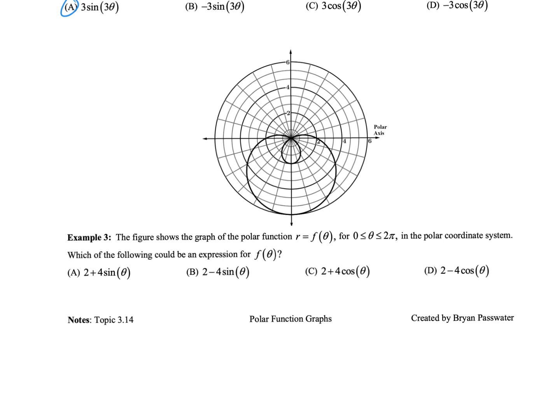However, where is the bulk of it? It's down, right? And what made it go down? Minus what? The sine or cosine? Sine. And so which one does it match up with? B. So we didn't even have to test any points if we truly understood the shape. And that's why I wanted to go over that stuff before. Let's keep moving.